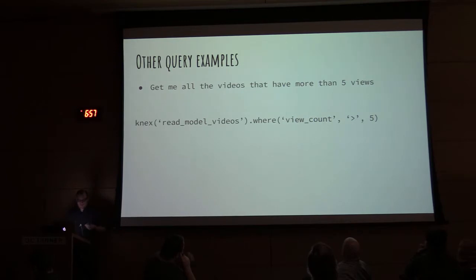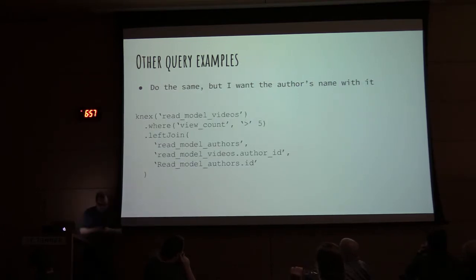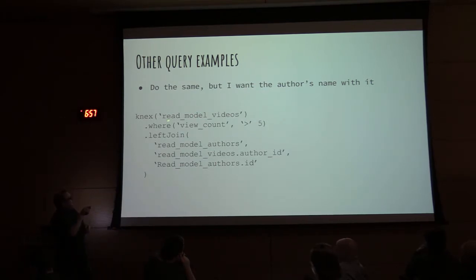Sometimes, though, in our videos table, we had a link to the author, but what if we wanted to see the author's name and we don't want to issue a query for the author of every video? That's where the concept of joins comes in. So I can grab from the read model videos, find me all the ones that have a view count greater than 5.